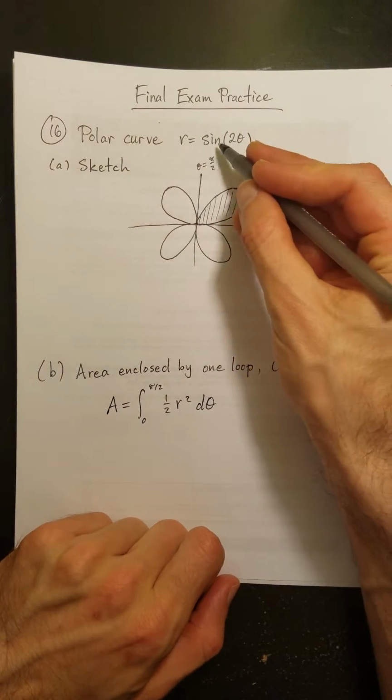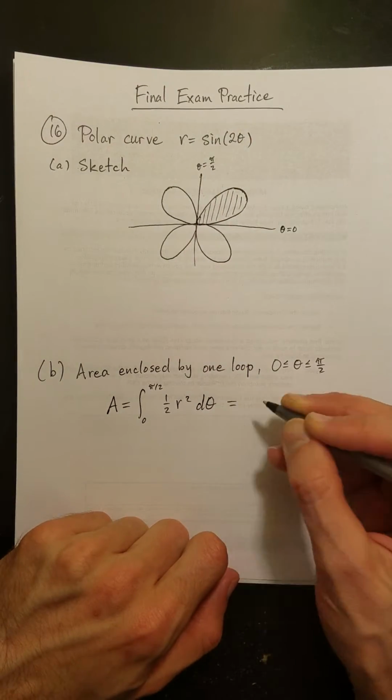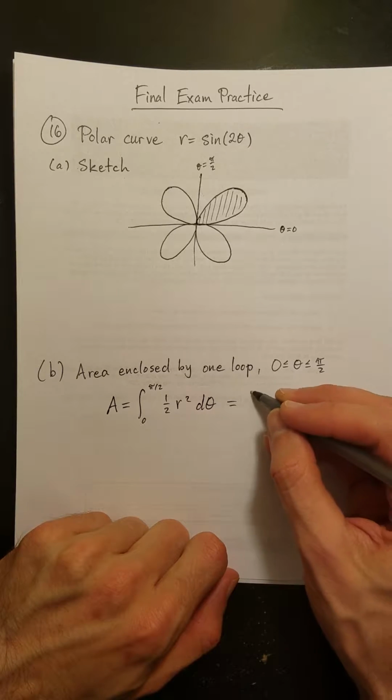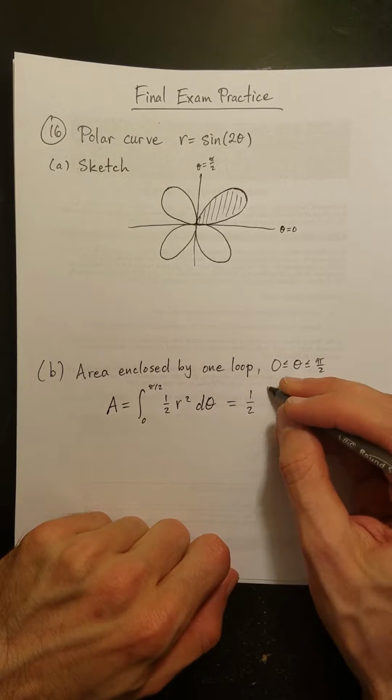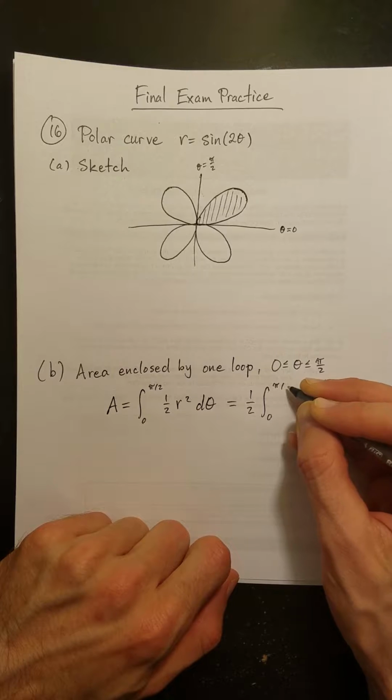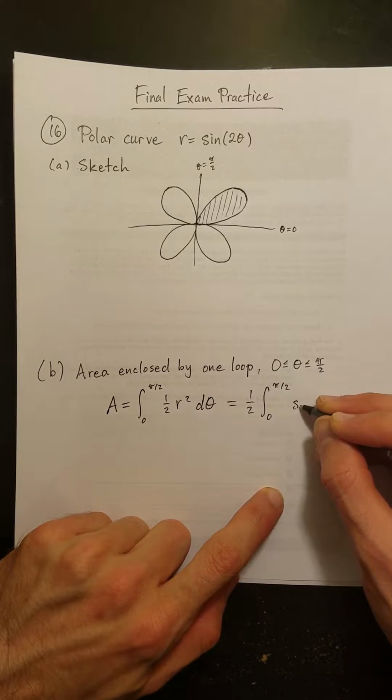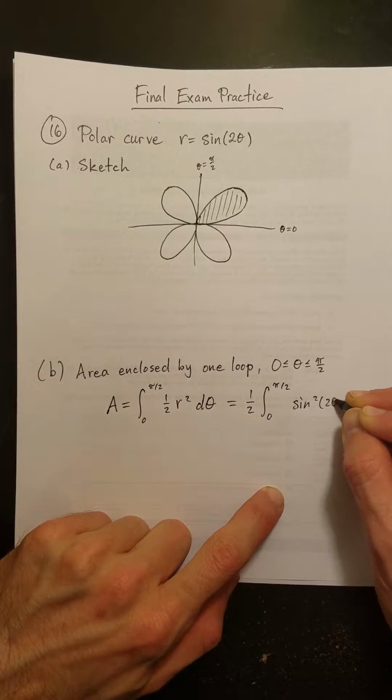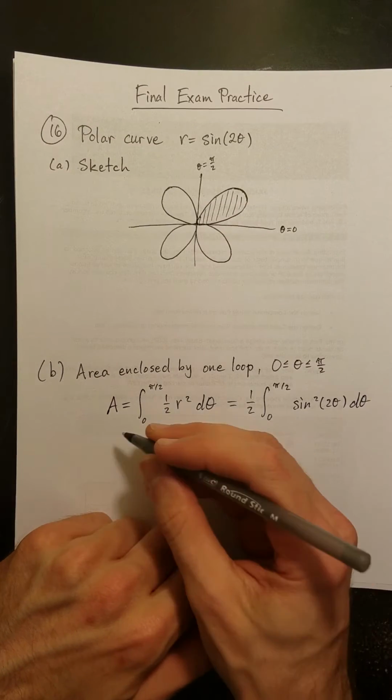So either way, we have r is equal to sine 2 theta, so I'll just substitute that expression for r. I'll pull the 1/2 out front because it's a common multiple, integrating from 0 to pi over 2. I have sine squared of 2 theta, d theta.